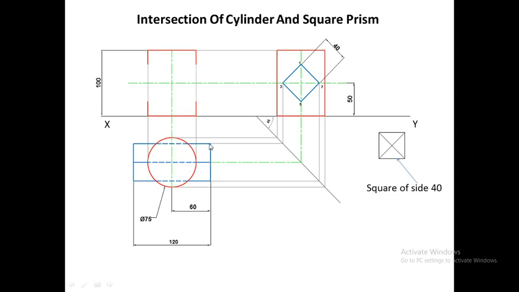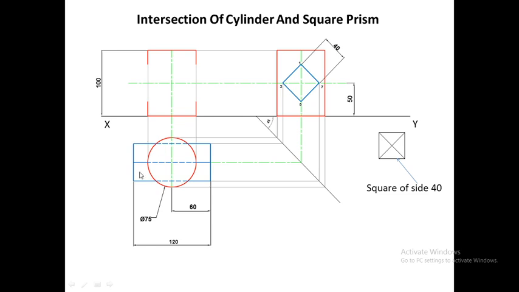So the portion of the edges, that is H1, H7, H5 and H3 of the square prism which is going inside this cylinder, that is these portions, will remain hidden. So in order to show the hidden edges, we have made this part dotted, whereas the portion lying outside the cylinder will be visible from the top view, so it is made dark.